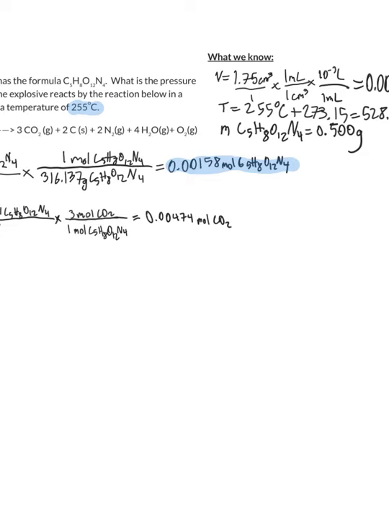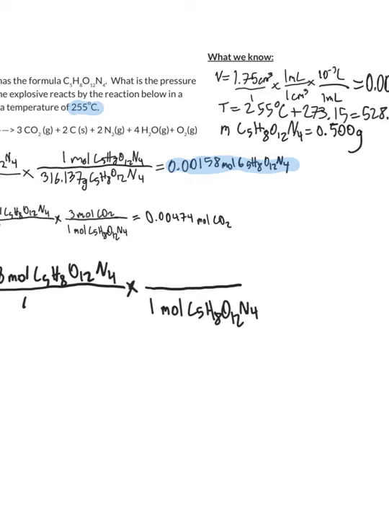For N2, we will start with our moles of C5H8O12N4 we got before, and use the ratio of 1 mole C5H8O12N4 to 2 moles of N2 to get 0.00316 moles of N2.